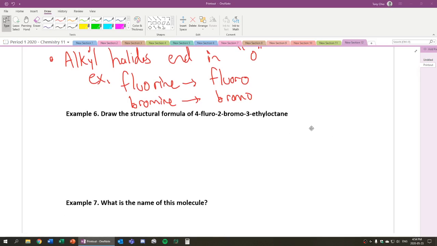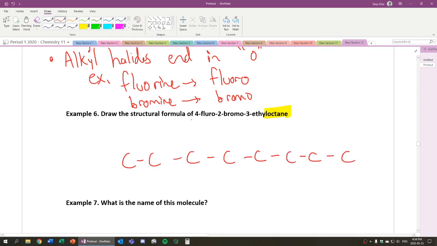So if I look at this, I see my parent chain is an octane. It's just a straight chain octane, so let's draw that out first. So you have carbon, carbon, carbon, carbon, carbon, number 5, 6, 7, 8. On the 4th carbon, I have a fluoro group. So on the 4th carbon, there's a fluorine attached to it. On the 2nd carbon, I have a bromine group.